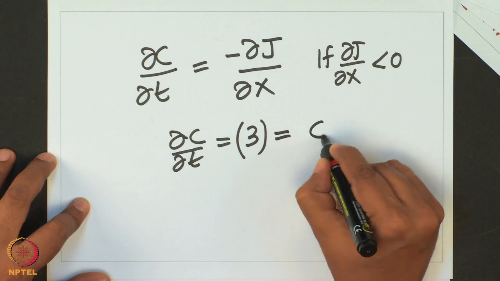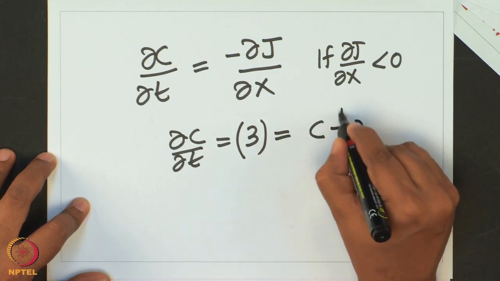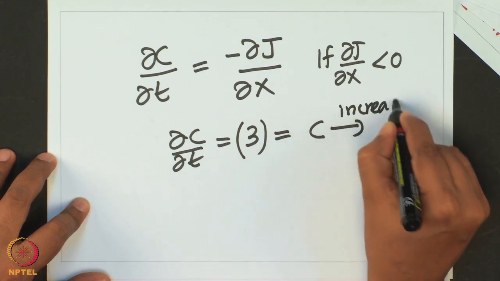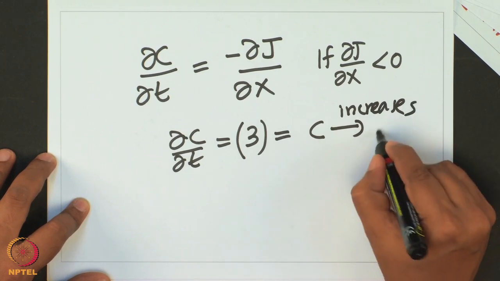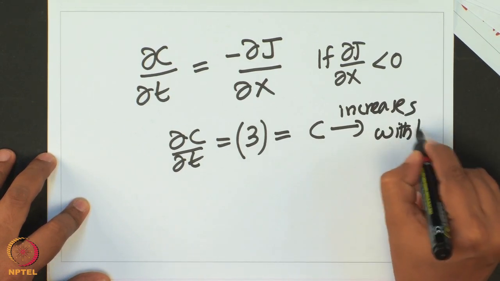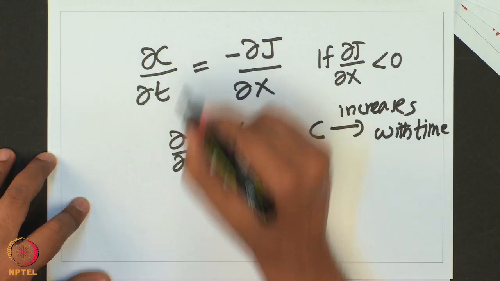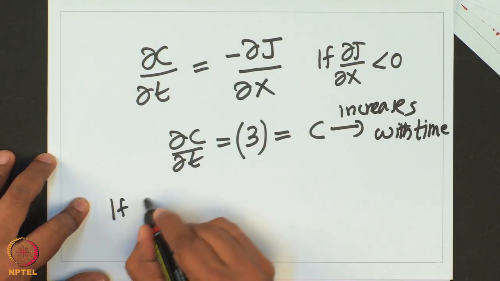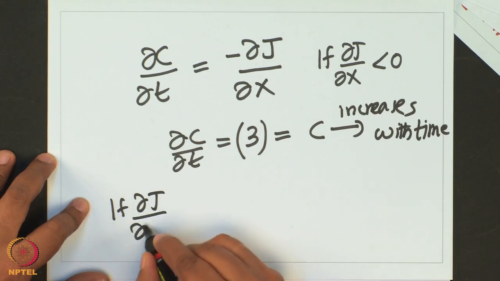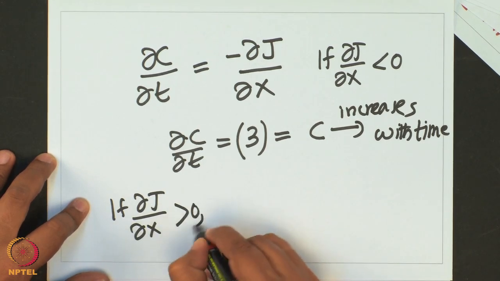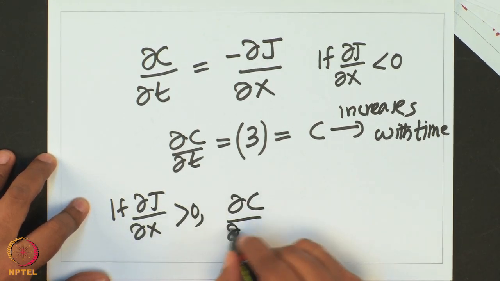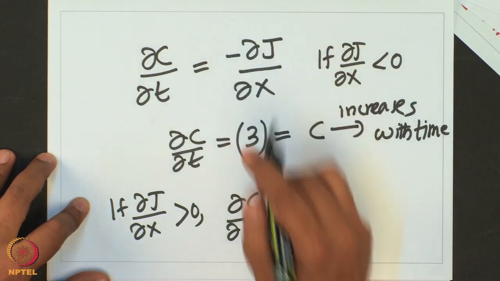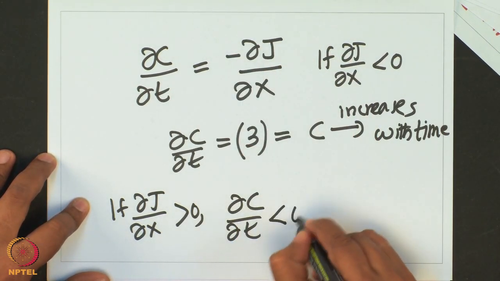This would mean that C increases with time. C will increase with time at this location. If del J by del x is positive, del C by del t will be, this is positive, this is negative, so this will be less than 0.